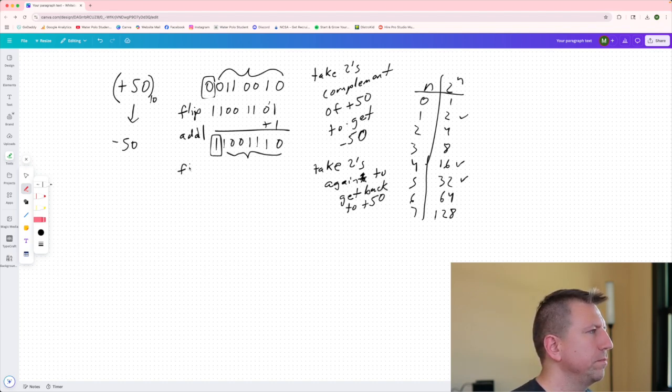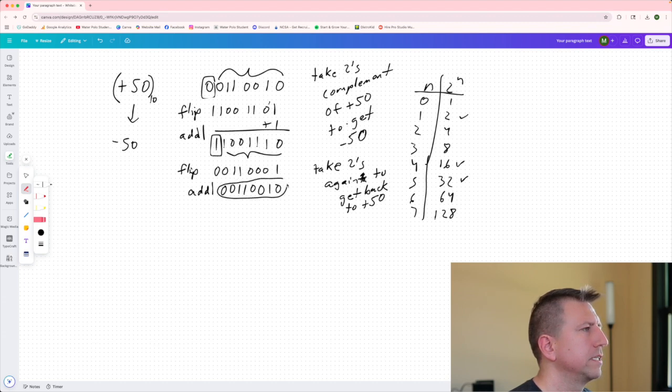So let's do that. We'll flip. So we get 0, 0, 1, 1, 0, 0, 0, 1, and then we add 1, giving us 0, 0, 1, 1, 0, 0, 1, 0. And then notice that this is equal to our original.